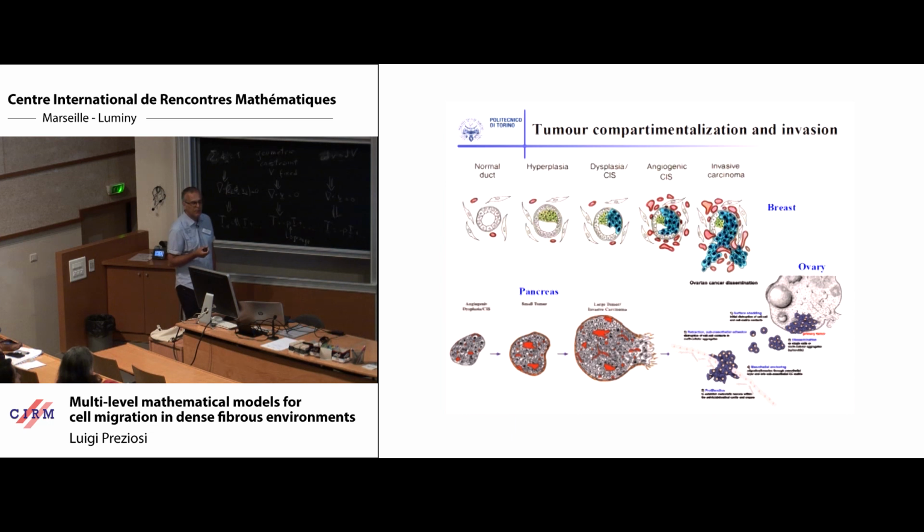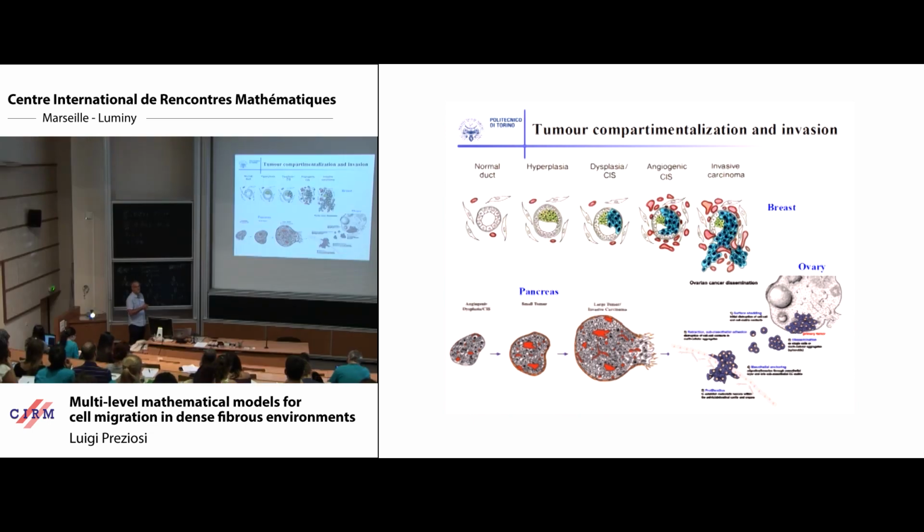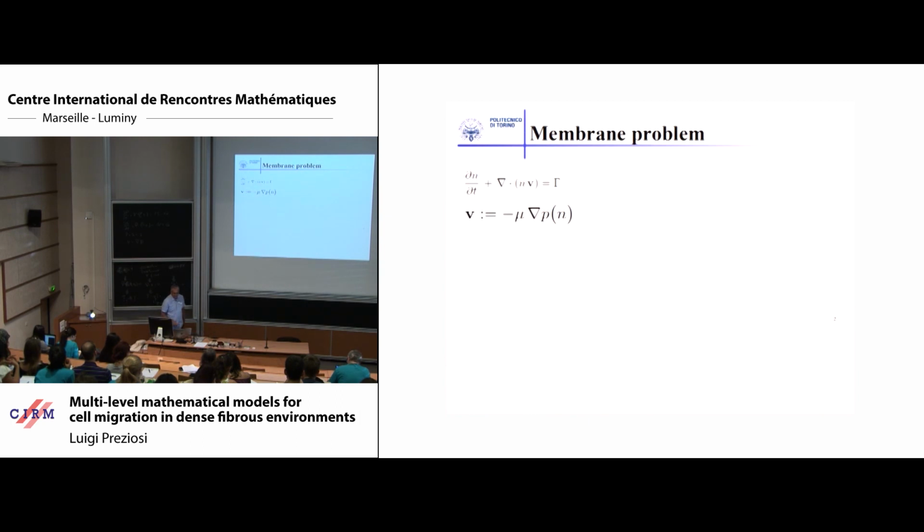From the conceptual point of view, I think you can understand that I have to replace what happens in this membrane by an interface condition, okay? That is communicating to the outside what's happening inside and vice versa. So this is the idea.